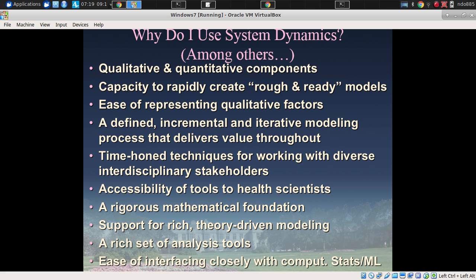It provides, moreover, a very well studied, well supported, well documented, well refined, iterative modeling process that delivers value from the very first day with a stakeholder.